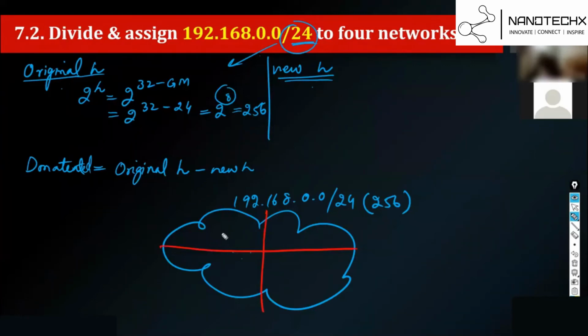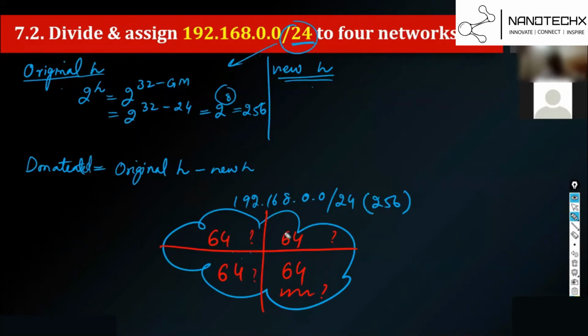So each of them will have how many? 256 divided by 4 is equal to 64. So this one will have 64 hosts, this one will have 64, 64 and 64 hosts together. They want us to write what the subnet mask will be and what the network number of all these individual ones will be, right? So we know that the original value of H is 8.